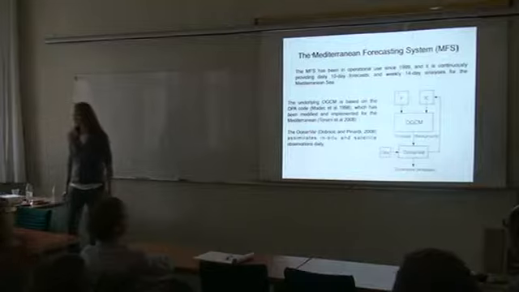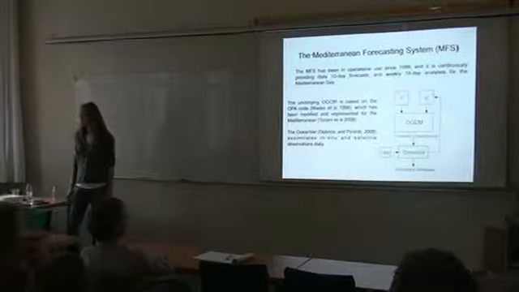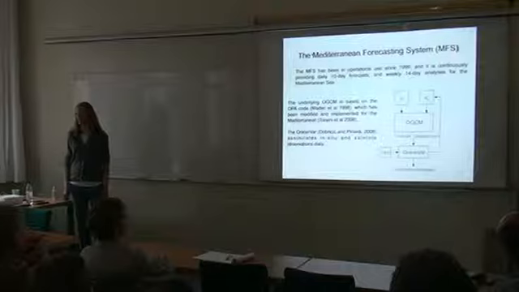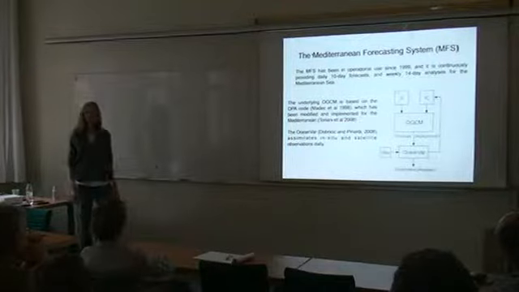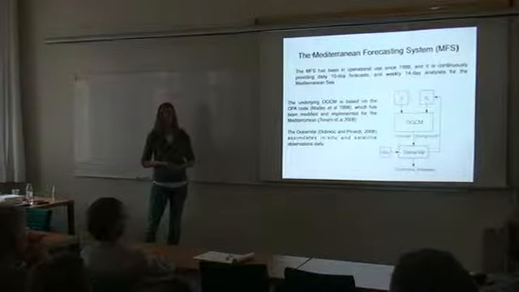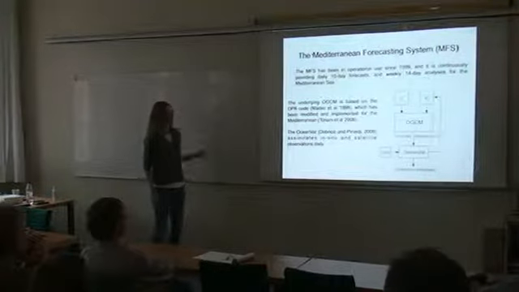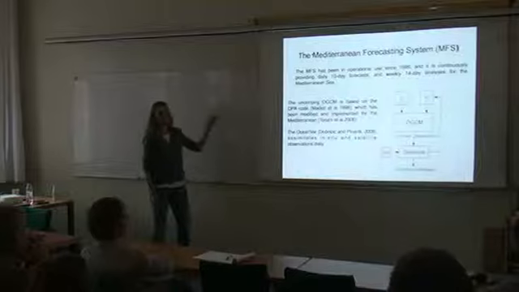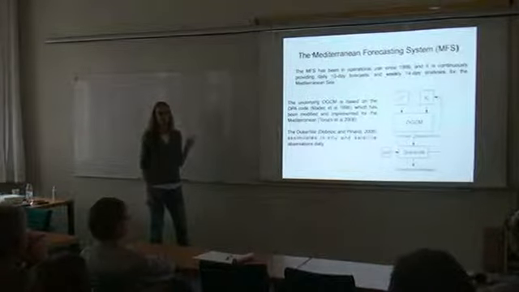So just to say a few words about the Mediterranean forecasting system. This is a system that has been operational since '99. It consists of a few parts: the ocean circulation model, which is based in this study on the OPA code with a closed boundary in the Atlantic.